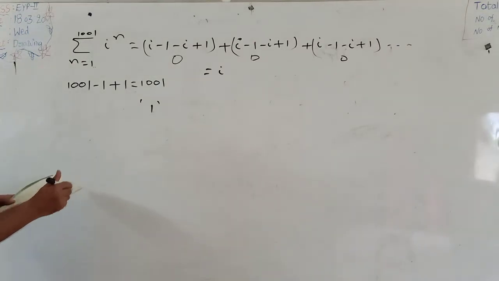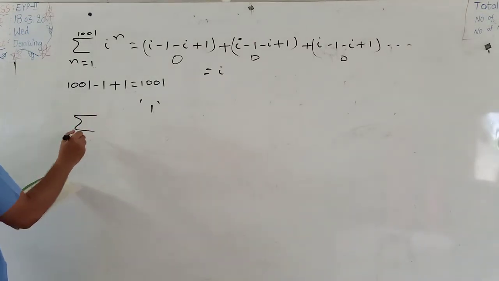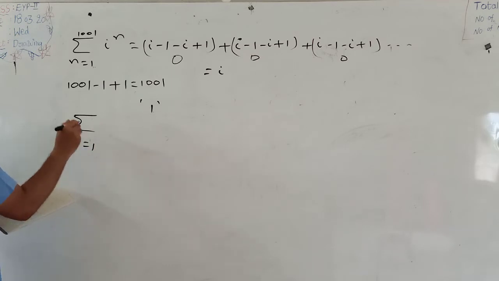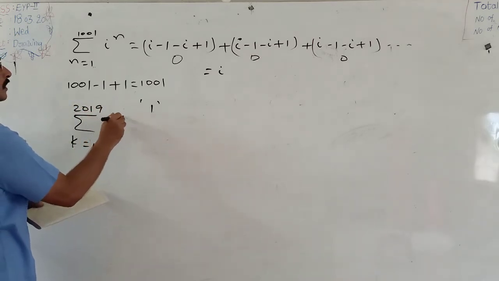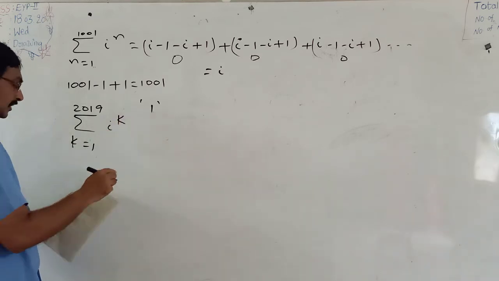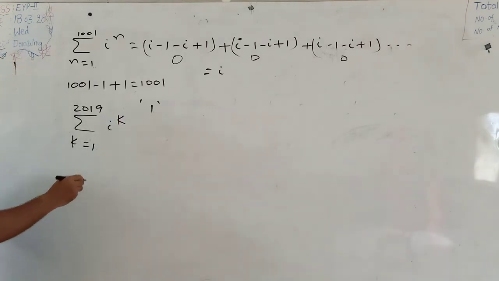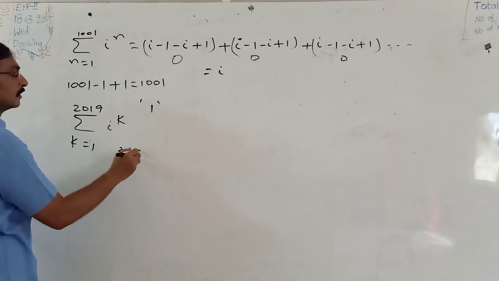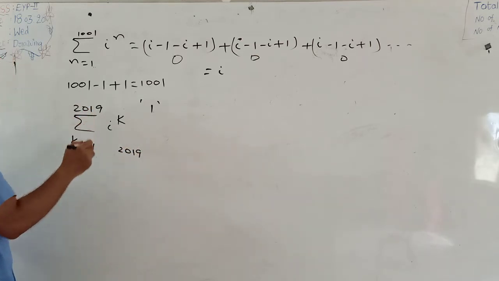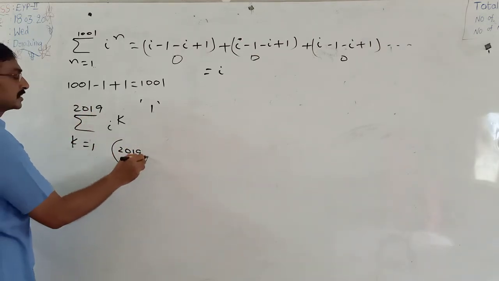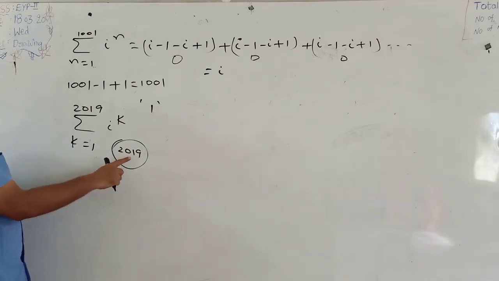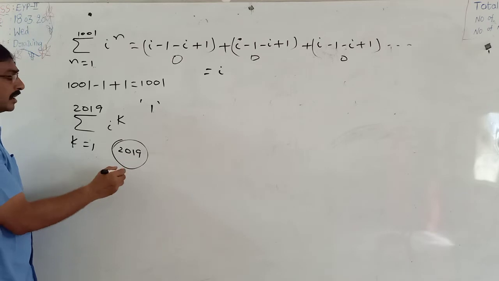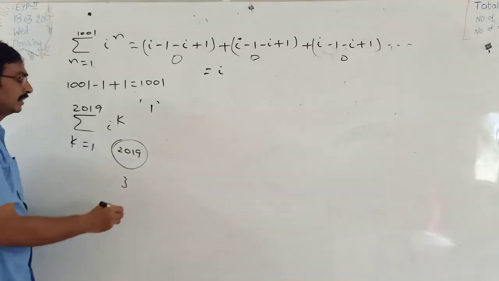See the next example: sigma k equal to 1 to 2019 i power k. The number of terms is 2019. If we divide 2019 by 4, the remainder is 3.